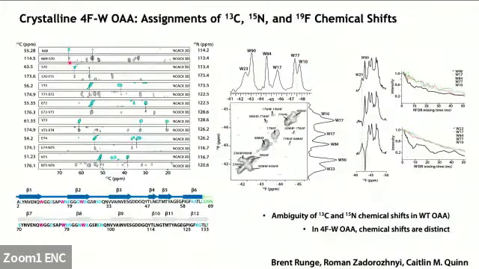With these types of samples, Brent, together with Roma and Kate Quinn, were able to do complete resonance assignments of fluorine signals. Labels are shown here. This is based on RFDR and anti-RFDR experiments, as well as the assignments of carbon and nitrogen chemical shifts.